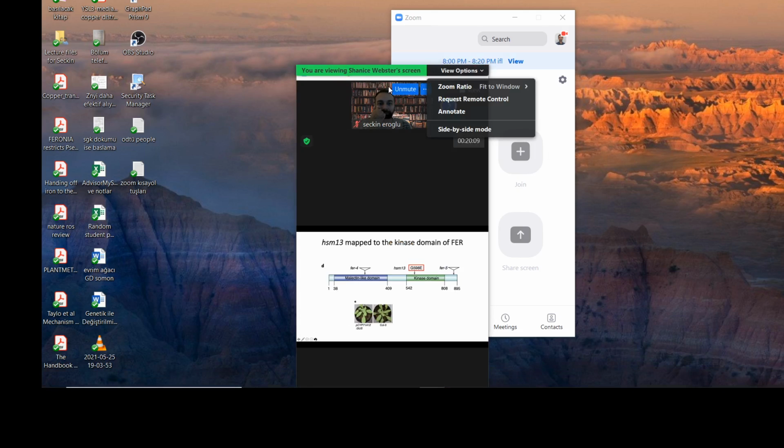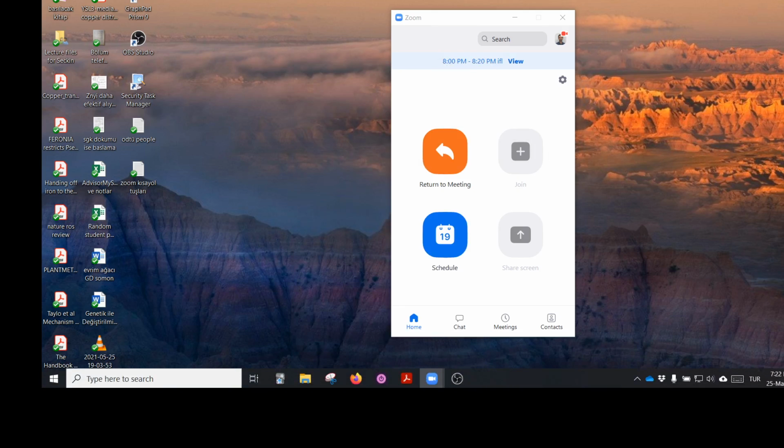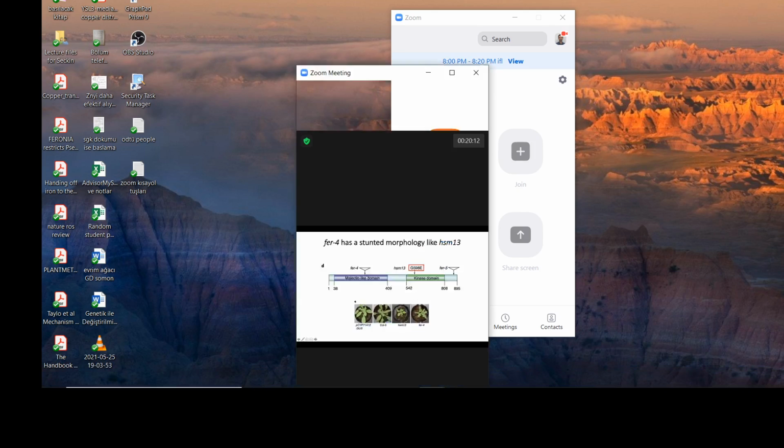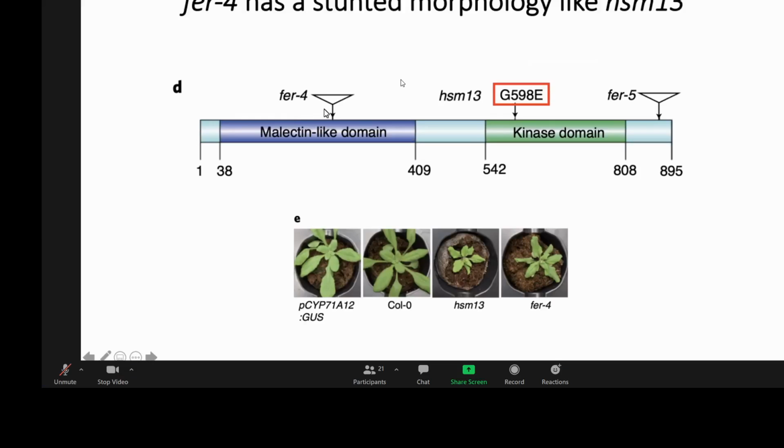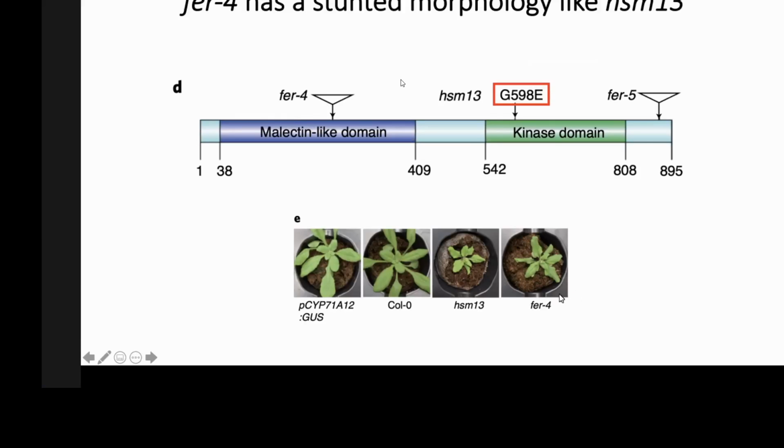Okay, so I should mention that FAIR4 is another mutant that was previously identified that was present in the malectin domain. And when they looked at morphology, they saw that it had stunted growth similar to the HSM13.